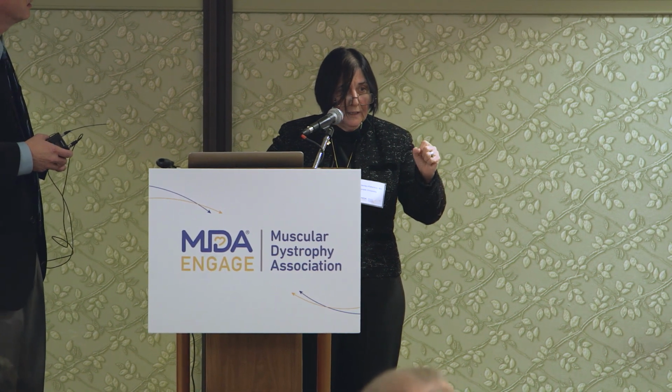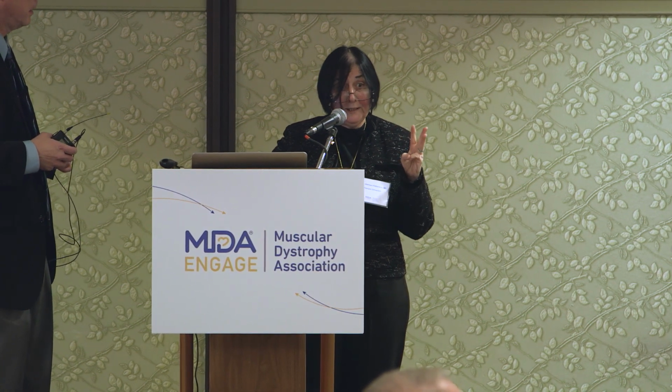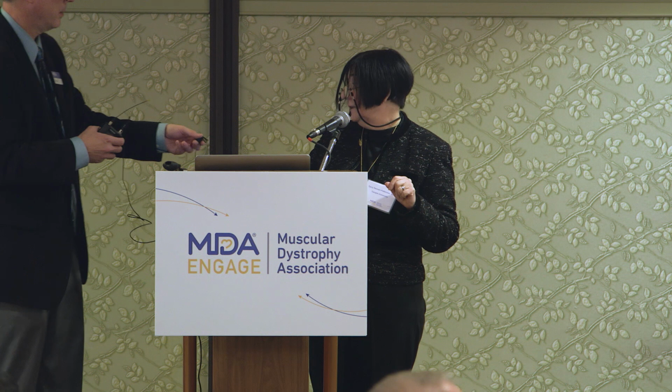We now know that there are more than 30 different genetic variants, 30 different genes, which are part of our DNA, and we'll talk about that in a moment, that can be damaged, resulting in disease, all of which is progressive weakness, previously called limb-girdle dystrophy. So is that one disease, or is that 30 diseases? So MDA actually covers many more than 43 diseases if you break it down genetically.